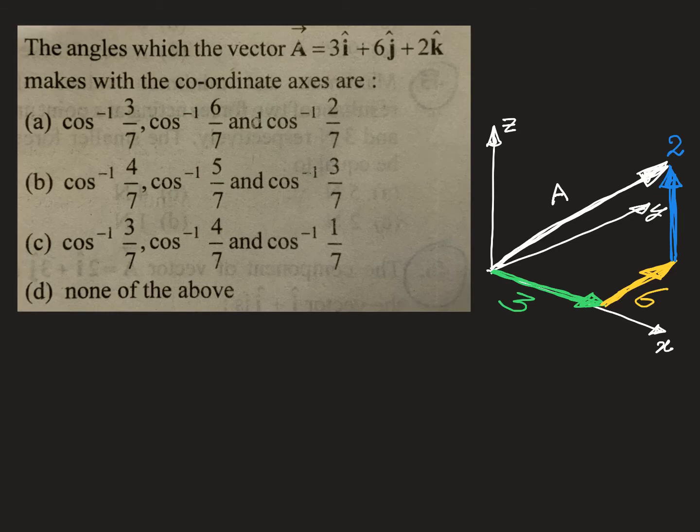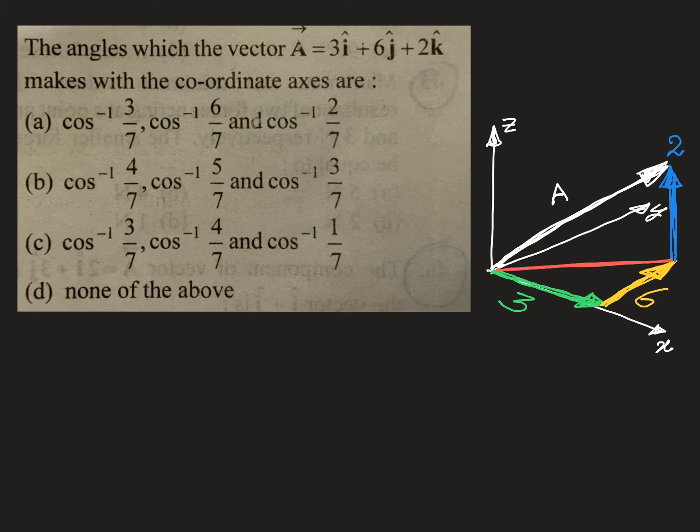So what is the angle made by the vector with the x, y, and z axes? Suppose I want to calculate the angle made by the vector with the z-axis. I'll join this red line.